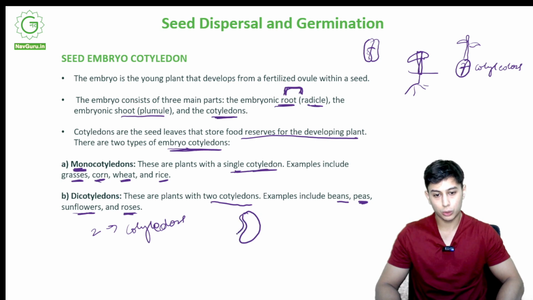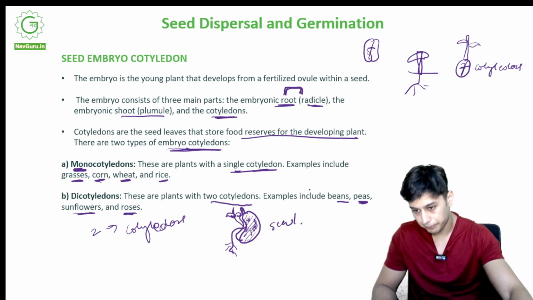It has two of these cotyledons, and these cotyledons have food for it. Over here it will have a shoot, and from here it will develop a root, right? Here will go the shoot. It will grow using this food that is in the seed, in the cotyledons.